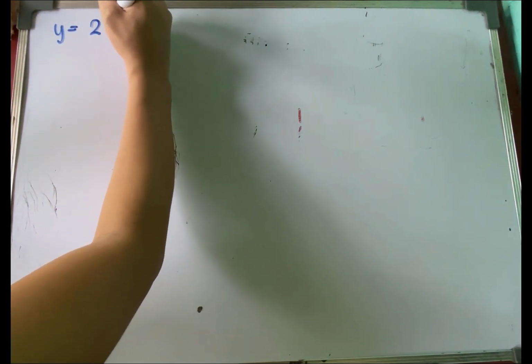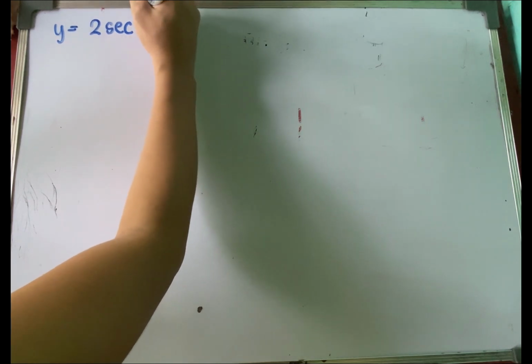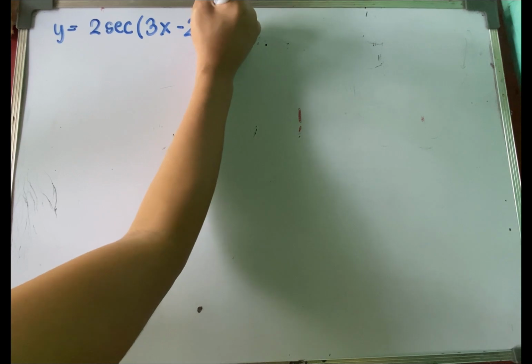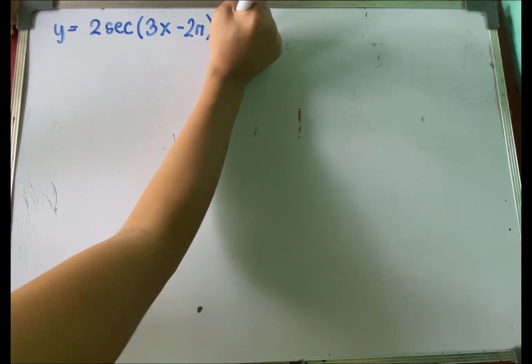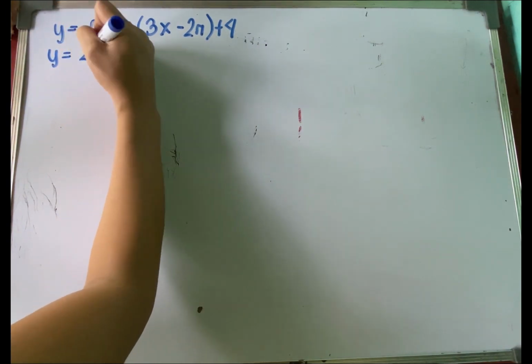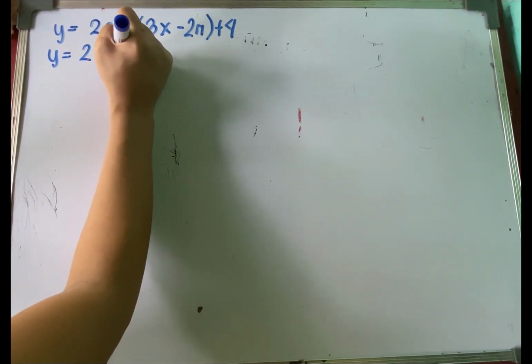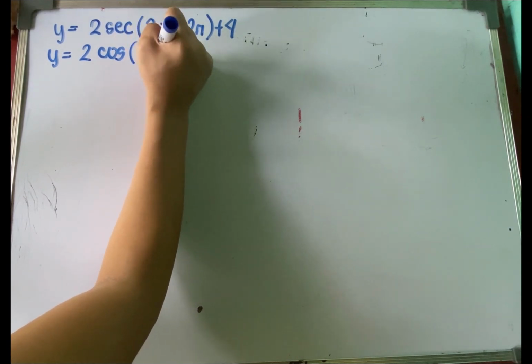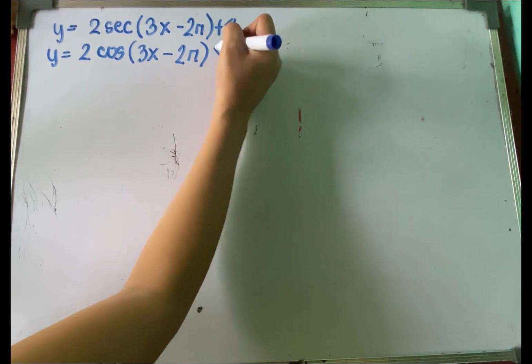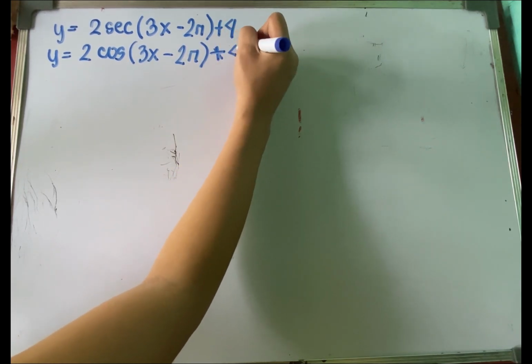So let's move to our next example, our last example for secant. y is equal to 2 secant of 3x minus 2 pi plus 4. The reciprocal of secant is cosine, so it becomes 2 cosine of 3x minus 2 pi plus 4.